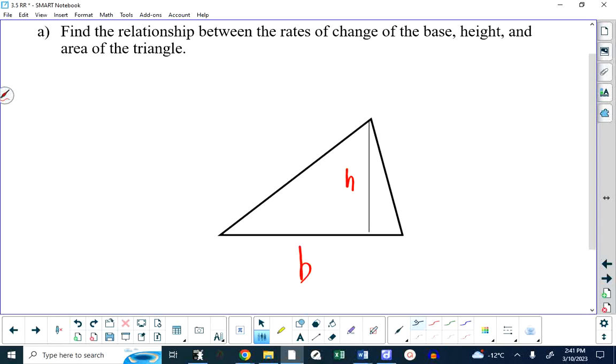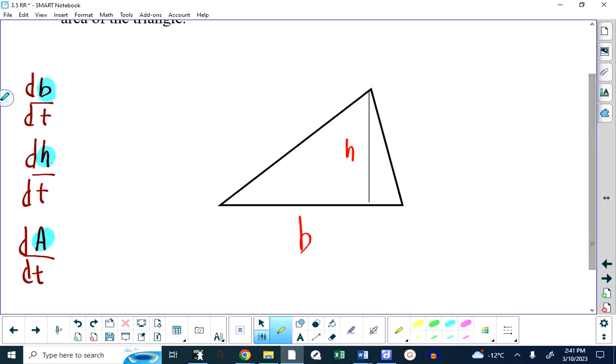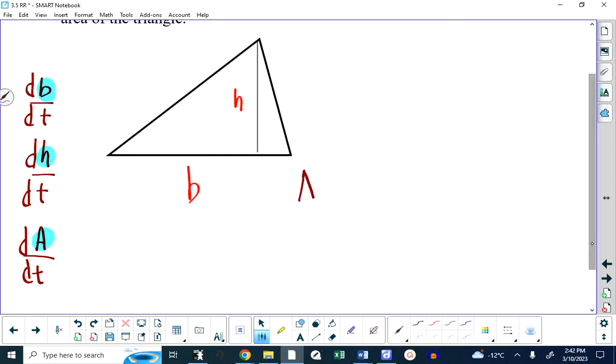If you want a relationship between dB/dt, dH/dt, and dA/dt, then you need a relationship between these three variables. By the way, your textbook sometimes uses A for altitude instead of height. I don't like that because we also use A for area. So the formula is A equals 1/2 base times height.